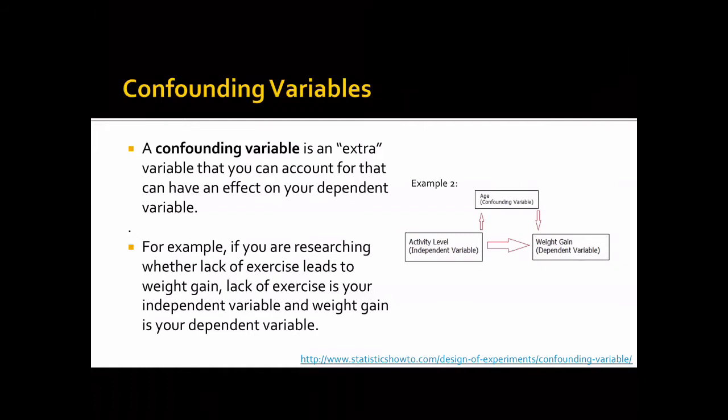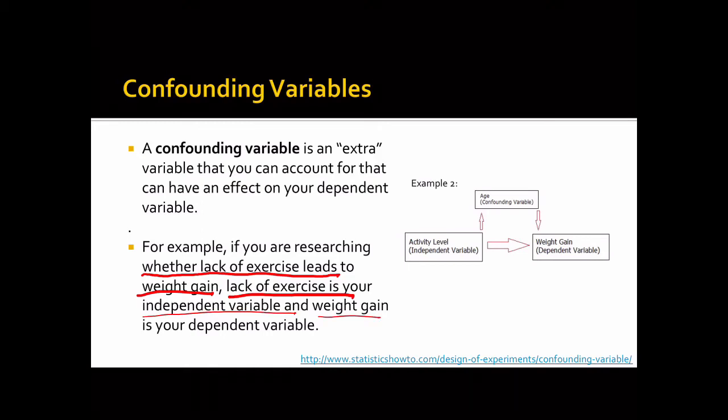And confounding variables. Confounding variables are things that researchers need to think about that could influence the results that are not necessarily the treatment. So, for example, when we're doing research with humans, if we're trying to figure out whether lack of exercise leads to weight gain, well, lack of exercise would be our independent variable, and weight gain would be our dependent variable.